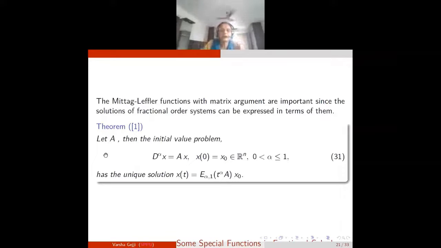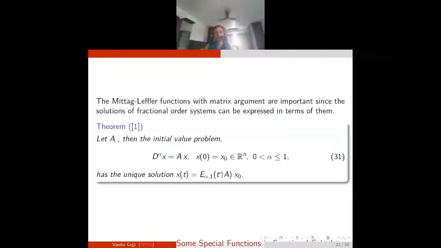So here we have shown that if A is an n by n matrix, and consider this initial value problem. Instead of first order derivative x1 dot, x2 dot, xn dot, that column vector, we consider D alpha, meaning fractional order derivative of order alpha, where alpha lies between 0 and 1.